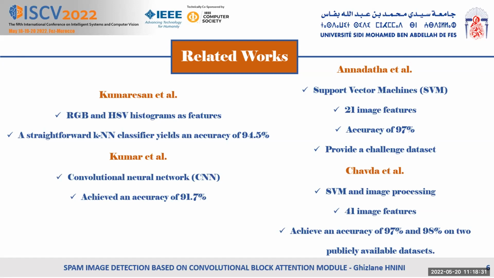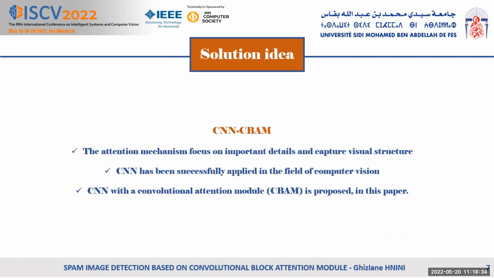So recently, the attention mechanism has received increasing attention for its focus on important details and its ability to better capture visual structure. Moreover, the convolutional neural network architecture has been successfully applied in the field of computer vision, demonstrating its powerful ability to represent features.